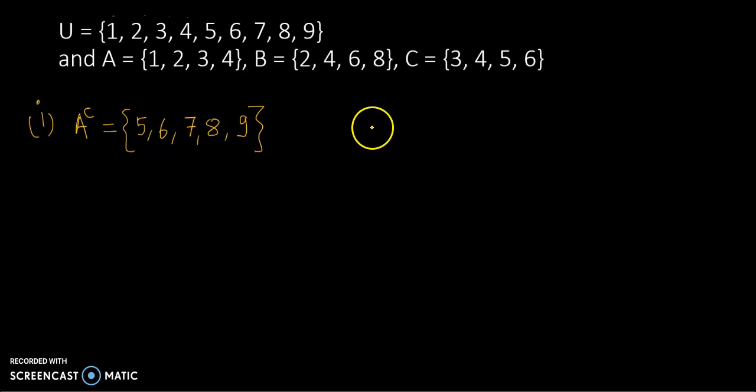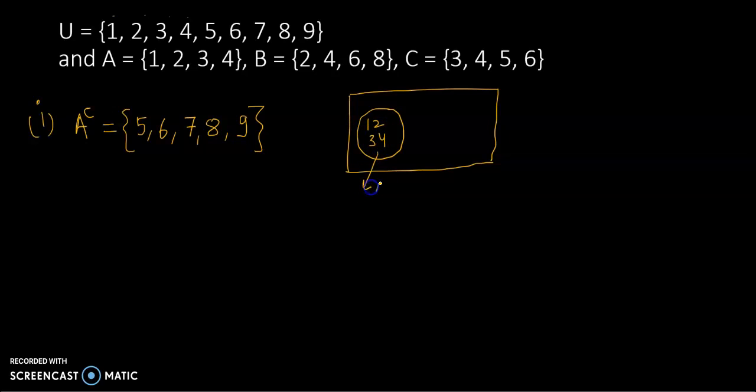So that's A complement. If you want to see the Venn Euler diagram of it, again I can sketch a Venn Euler diagram which can be easily understood. So this is A, and it contains 1, 2, 3, and 4.